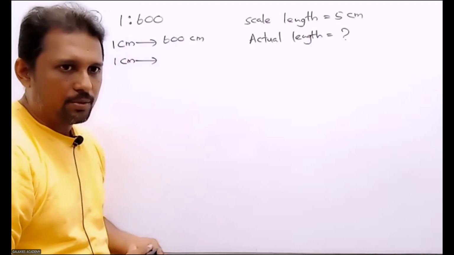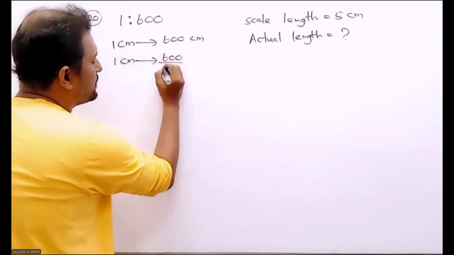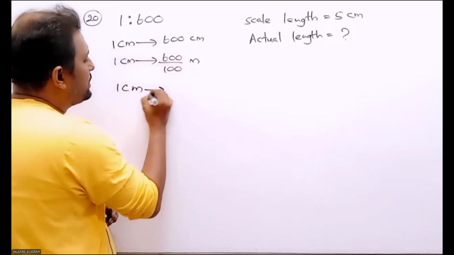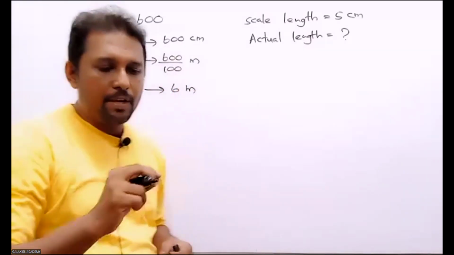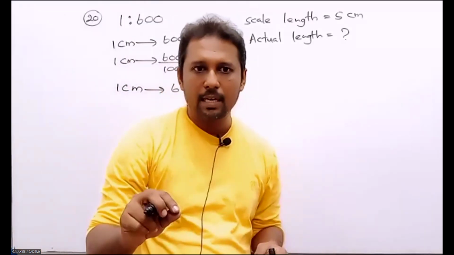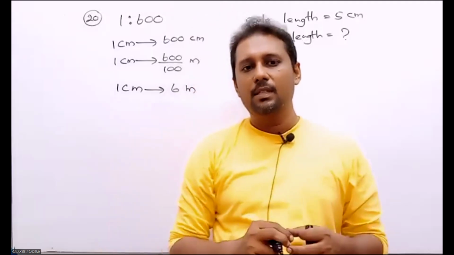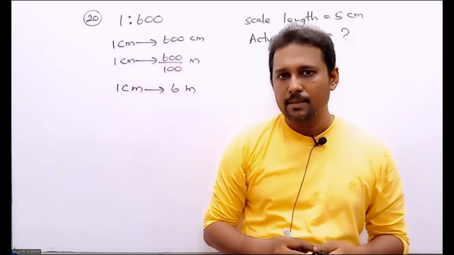You can divide by 100. So 1 centimeter represents 6 meters. That means when you draw a 1 centimeter straight line on the scale diagram, actually it represents 6 meters.